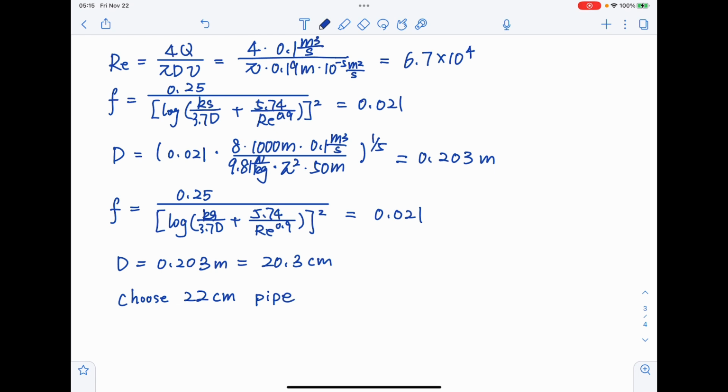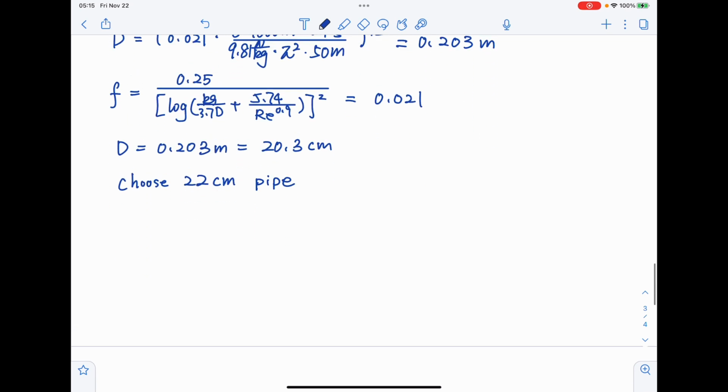Okay. The next step, we're gonna need to find the power output from a pump that needs to maintain this flow. So the power should be P equals Q times gamma times the head losses. Okay.